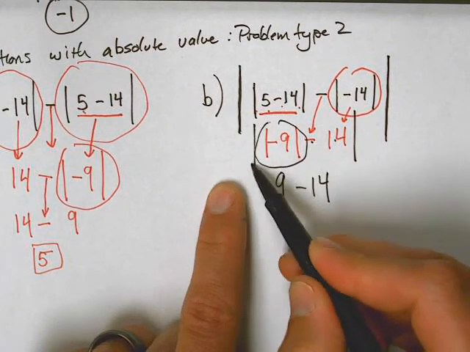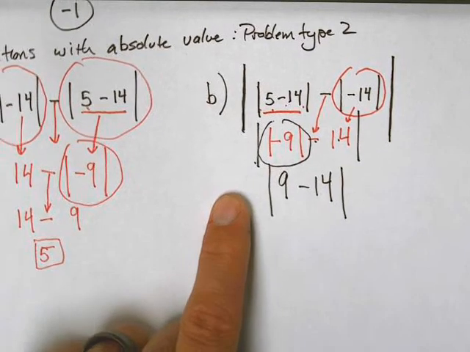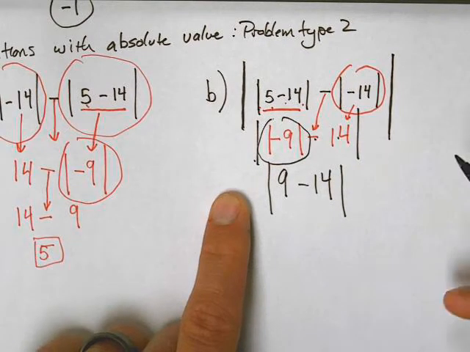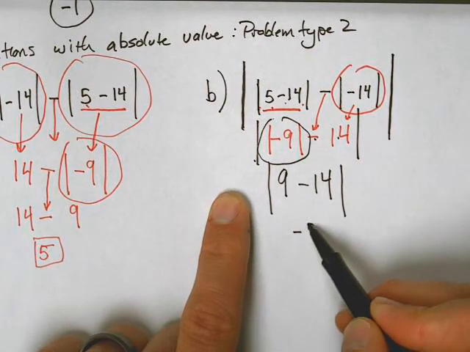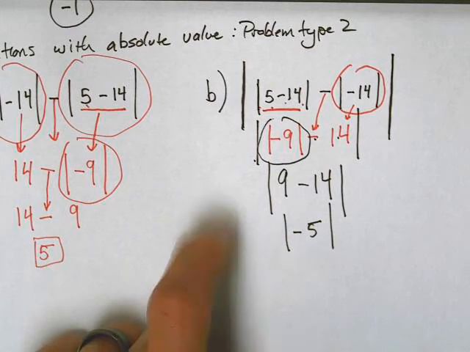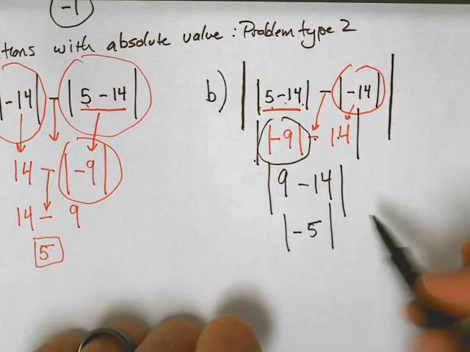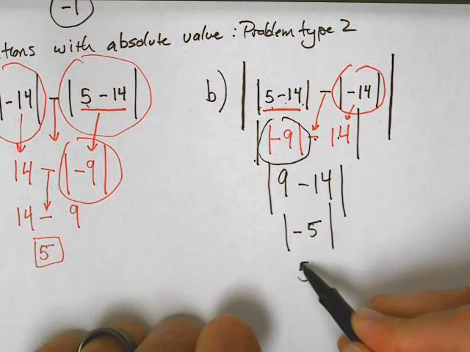Now that's wrapped in these absolute values that were around the outside. Before I apply the absolute value, I subtract 9 minus 14. That's negative 5 in the absolute value, right? And then I take the absolute value of that, and that's positive 5.